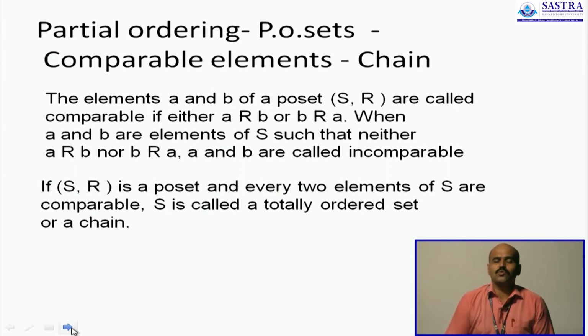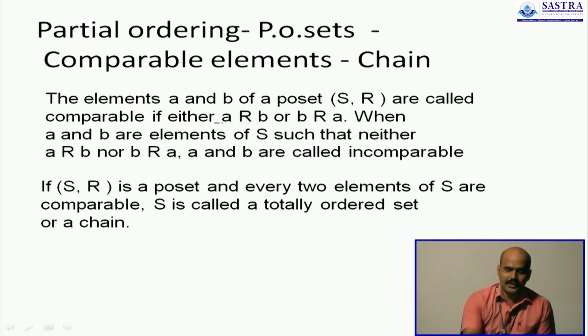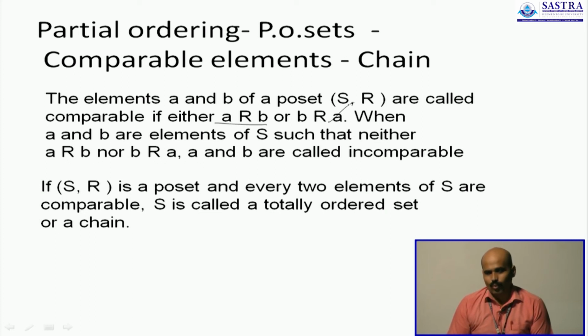Got an introduction to a poset. We can proceed now and understand what is a chain. Two elements A and B are said to be comparable if they are related one way or the other. So either A should be related to B as in A R B or the other way, B R A. When one of these two pairs AB or BA is present, then we call A and B comparable.